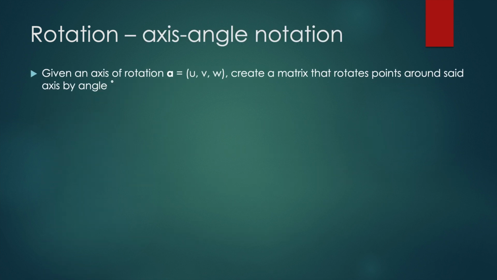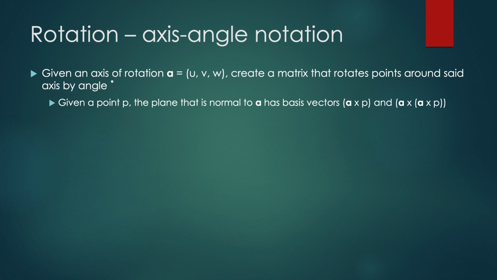A rotation matrix that rotates a point P around a given axis can be generated from the axis of rotation, which I'll be showing as bold A, and the angle to rotate. So the matrix is generated by finding a plane of rotation for this axis, which in other words is just the plane that's normal to the axis of rotation.